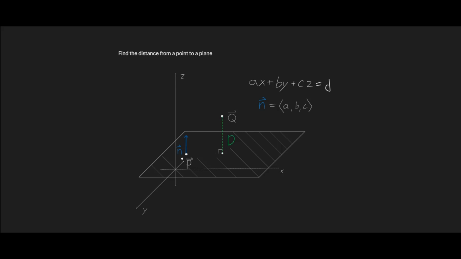The normal vector makes a 90-degree angle with the plane, so it sticks straight out of the plane. The distance is going to be from the plane to the point Q, and the distance also follows a 90-degree path. That will give us the shortest distance from the plane to this point.